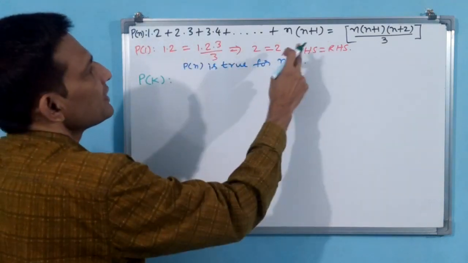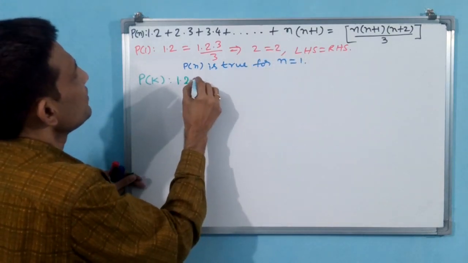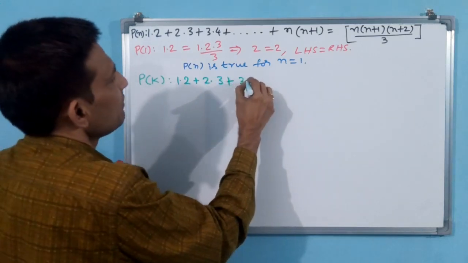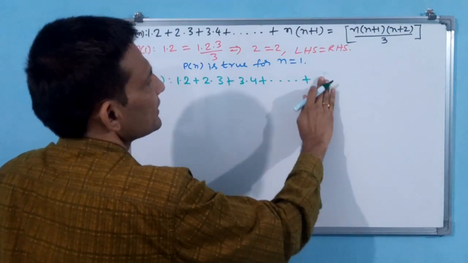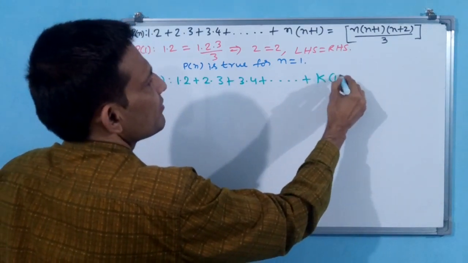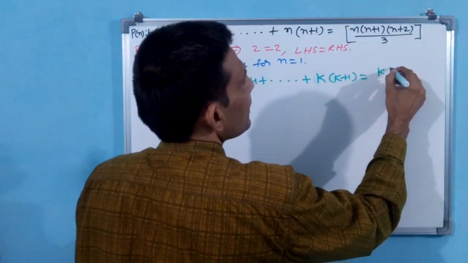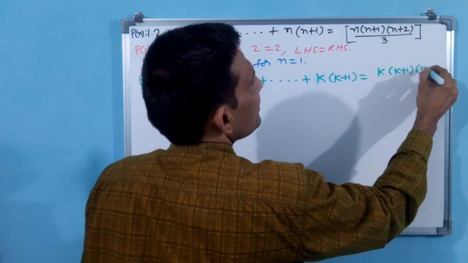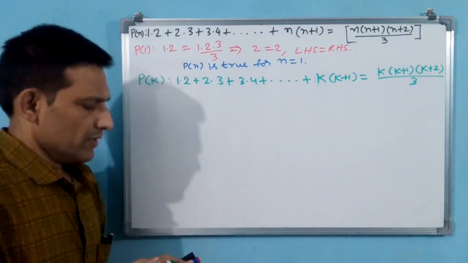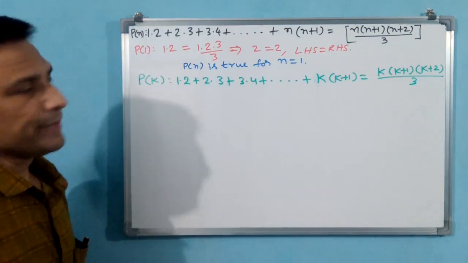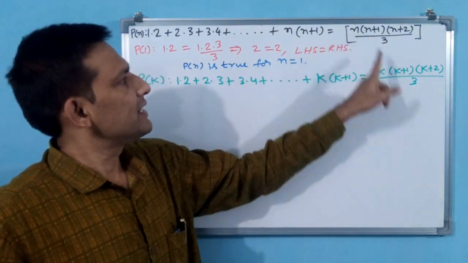You repeat Pn but replace n as k. 1 into 2 plus 2 into 3 plus 3 into 4 plus dash dash dash plus k into k plus 1 is equal to k into k plus 1 into k plus 2 whole divided by 3. This will be your P of k, because we have replaced n as k.